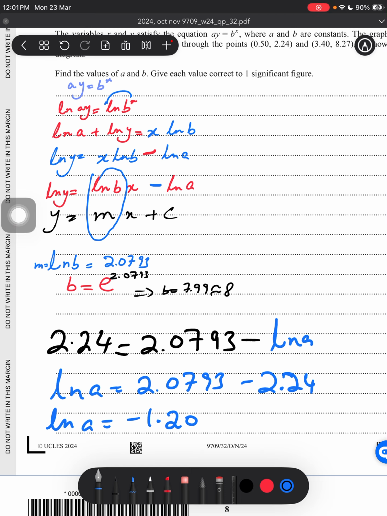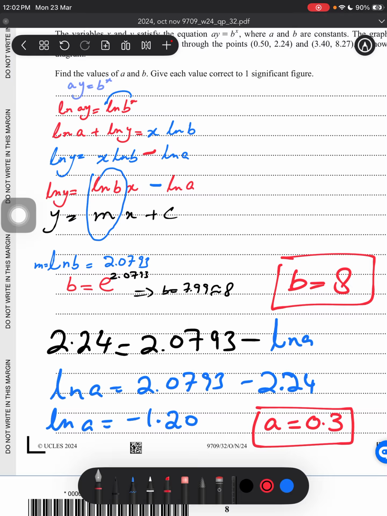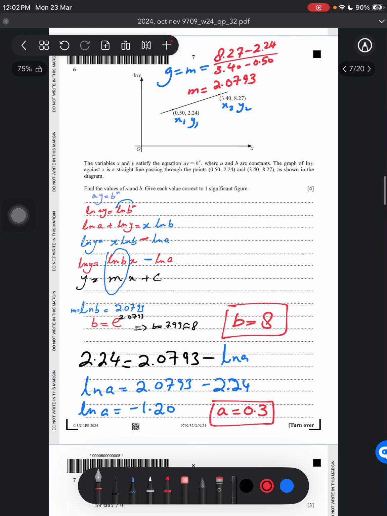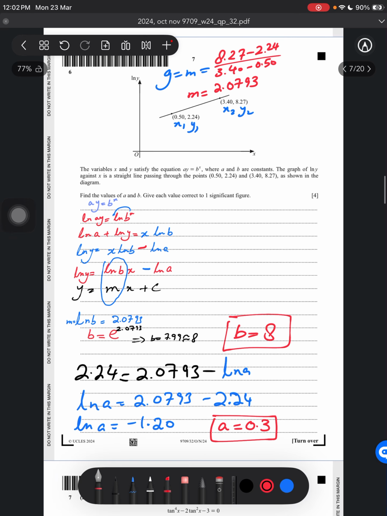As we took ln of b, the same procedure, so you'll directly have the value of a as 0.3. So we have b, that was 8, and a is this. So that was our answer. A 4-mark question. It was easy natural logs.